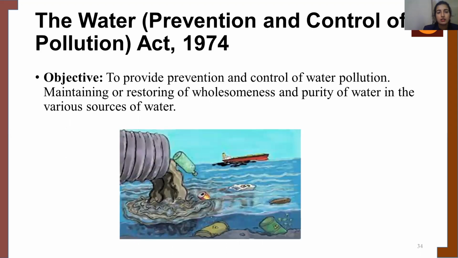The next act is the Water Act 1974, the Prevention and Control of Pollution Act. The main objective of this act is to prevent and control water pollution in order to maintain or restore the wholesomeness and purity of water in water sources.